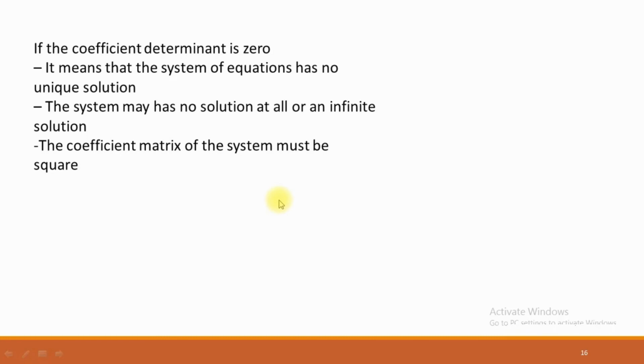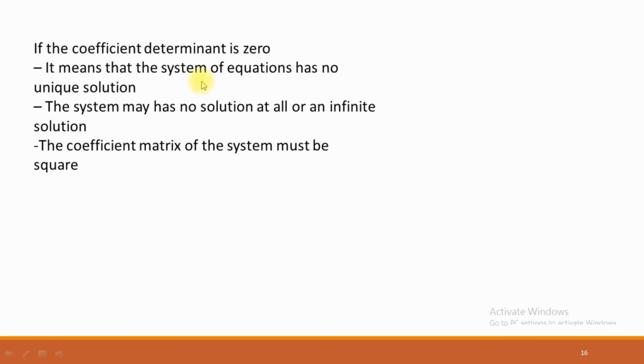Now dear students, when we solve a system of non-homogeneous linear equations by inverting the coefficient matrix, by using the inverse matrix, some points should be noted. If the coefficient determinant is 0, as I have already told you in the previous slide, then it means that the system of equations has no unique solution.